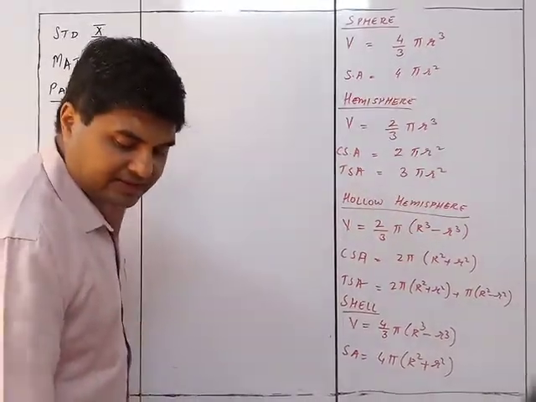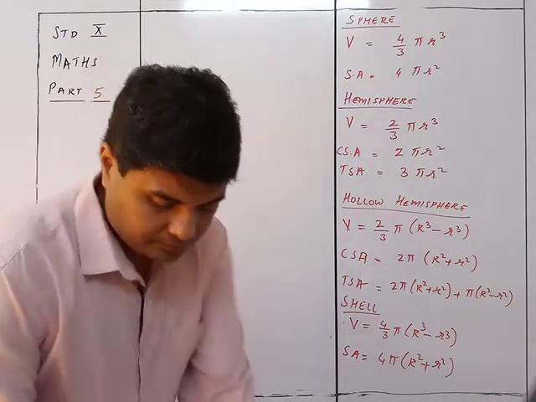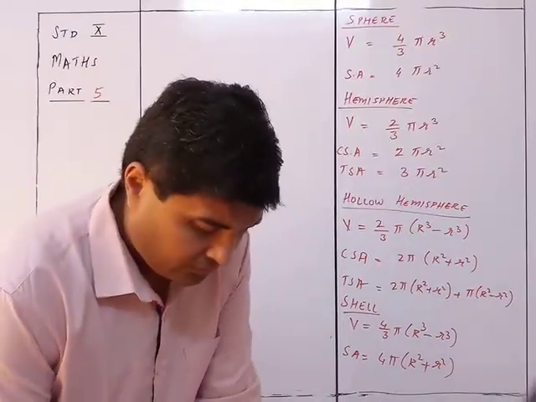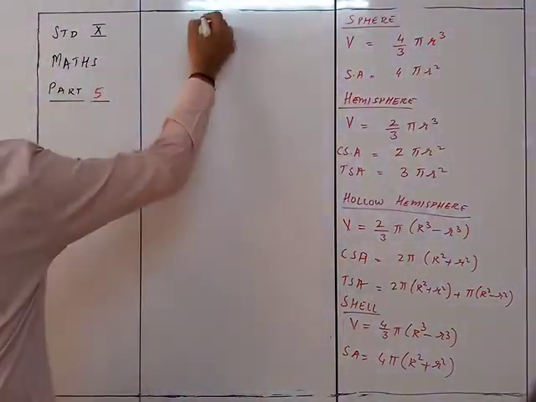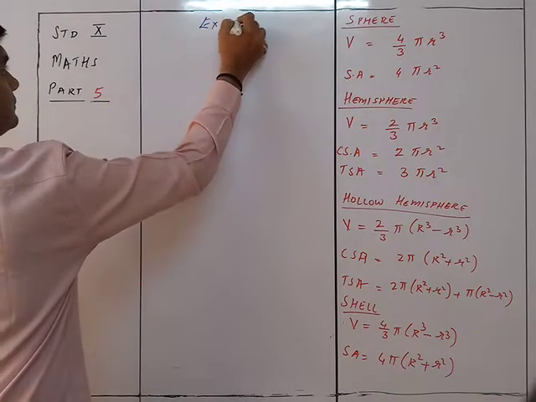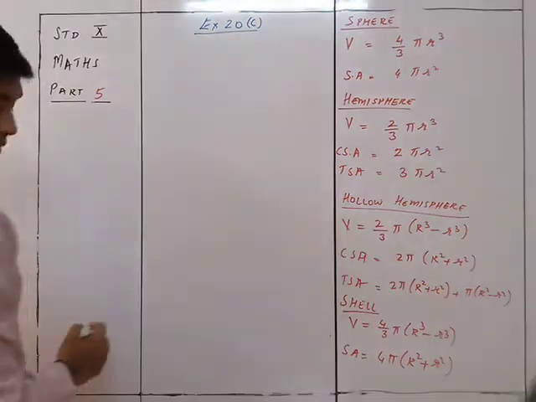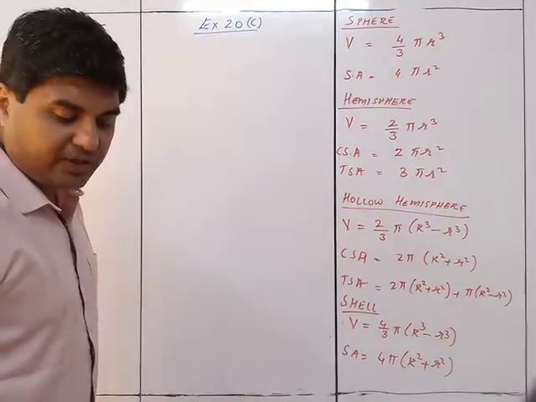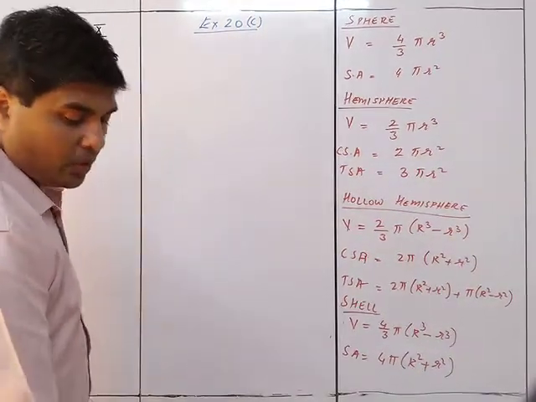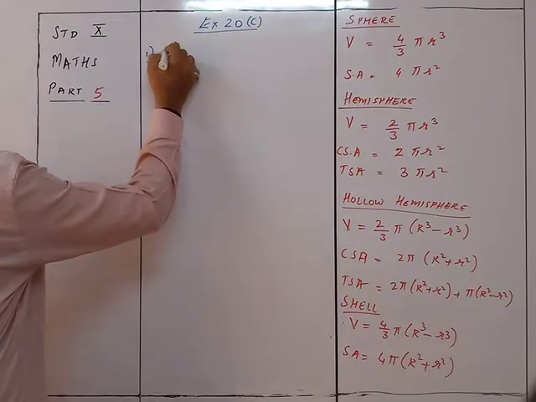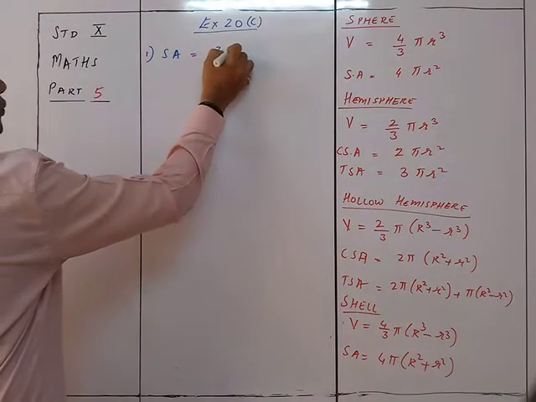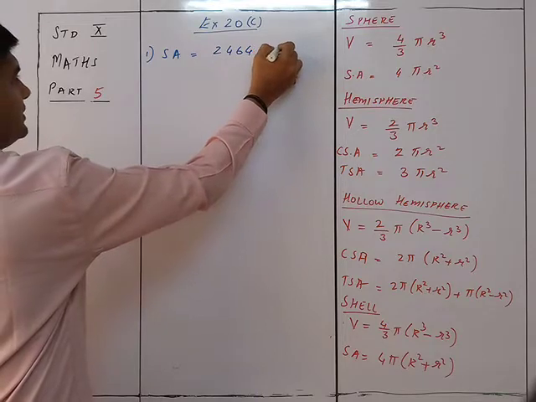So we see exercise 20C. See the first sum. The surface area of a sphere is 2464. Find the volume. It is given that the surface area is 2464 centimeter square.